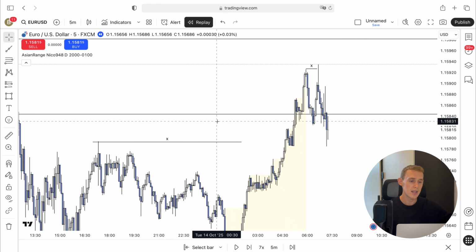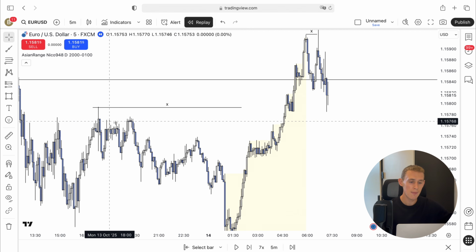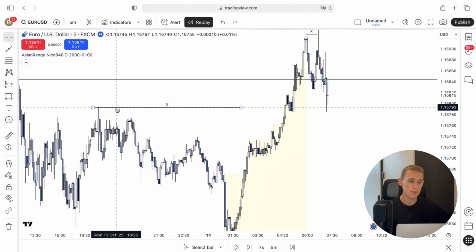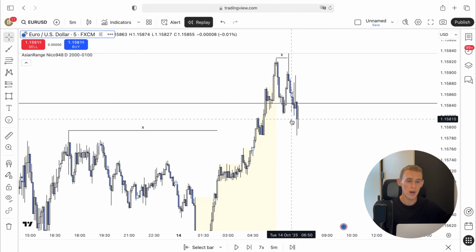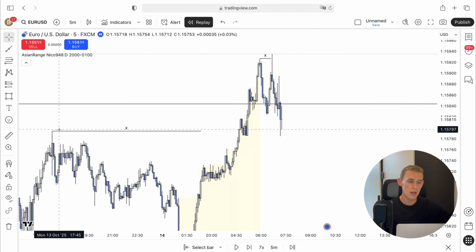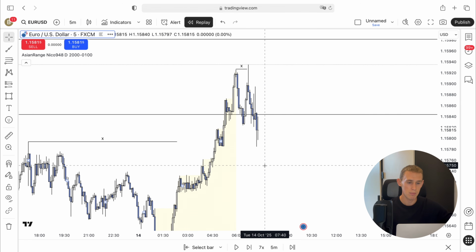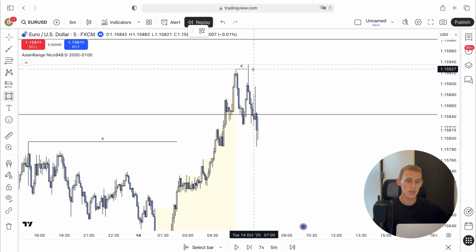Also notice that in this case, significantly, it has taken out some previous highs in the market. If it had given a change of character before taking out this high, I would not have viewed this as a change of character, and I would not have been looking to sell. The liquidity being taken out into the supply basically just increases the chance that price is likely to give this reaction to the downside. So in this case, all I was looking for in terms of confirmation was for price to create a lower low, which it did.